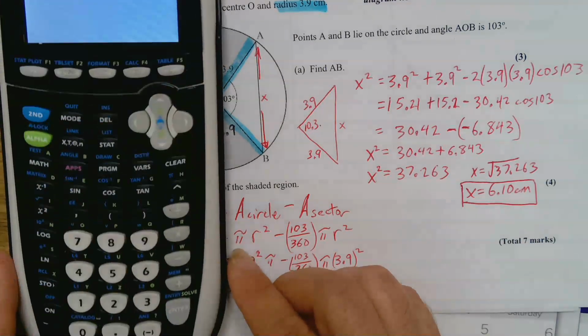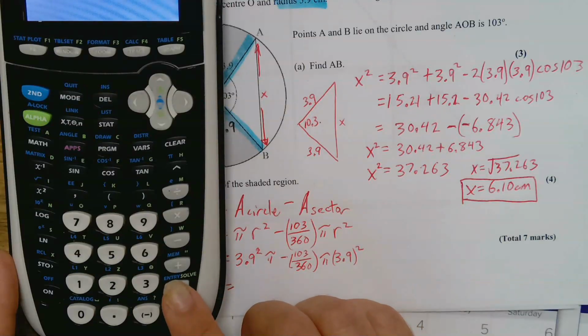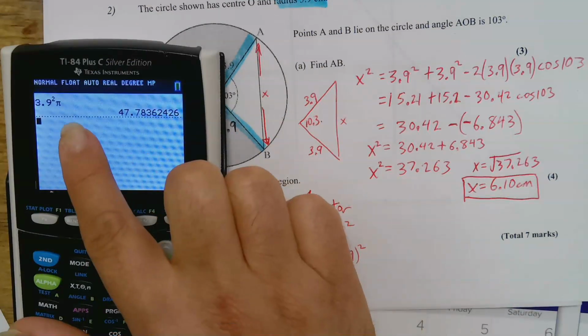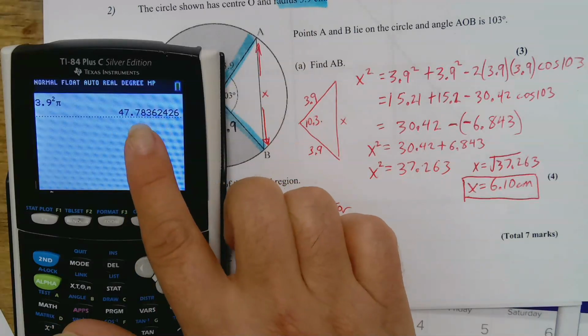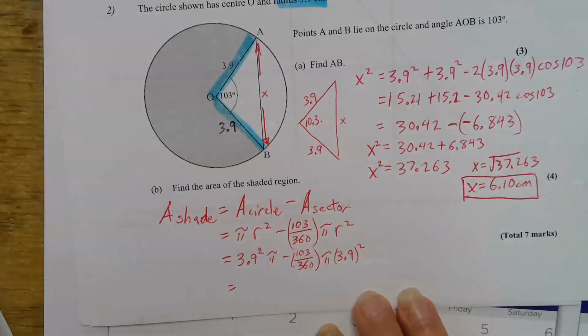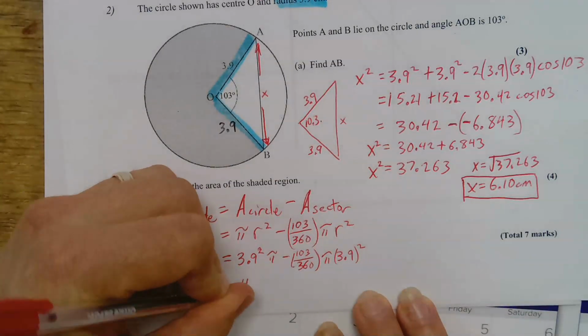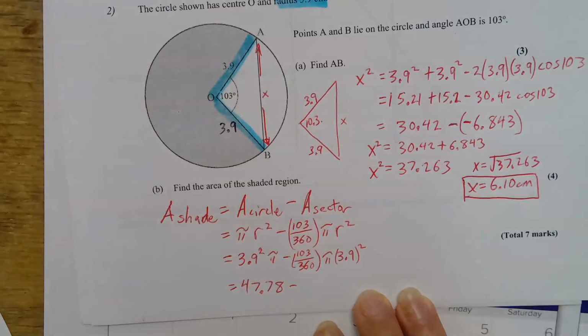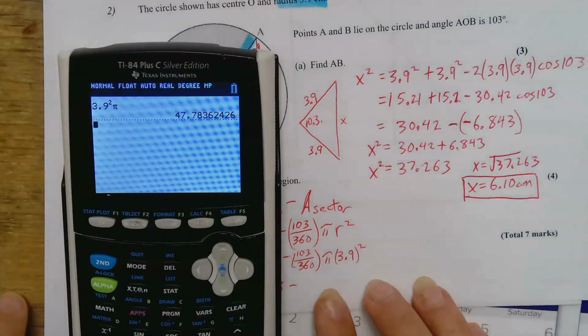And then I simply press enter. And then it tells me that 3.9 squared times pi is 47.78. So I'm going to write that down, 47.78.